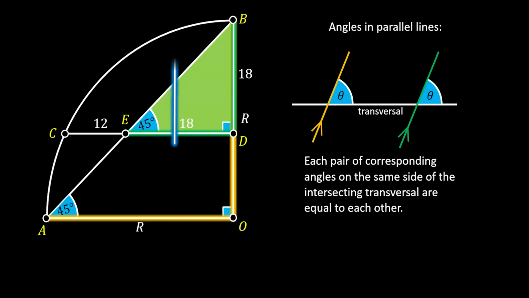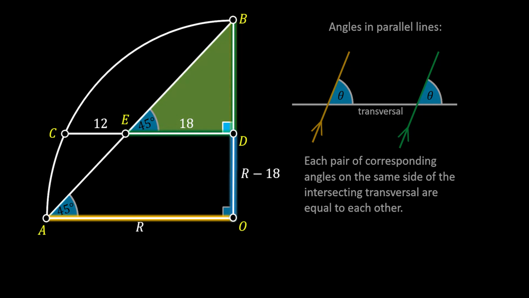Now let's take a look at the segment OD. This segment is nothing but the difference between the radius of our big quarter circle R and the line DB, so it equals R minus 18.